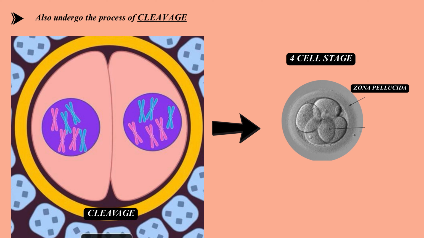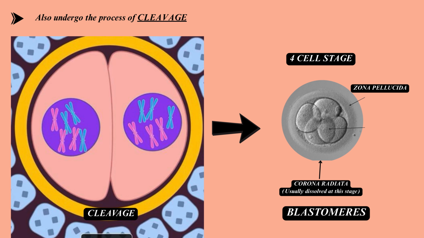Initially, the zygote is surrounded by the zona pellucida as well as corona radiata. But at 2-cell or 4-cell stage, corona radiata is dissolved. These cells are also called blastomeres.